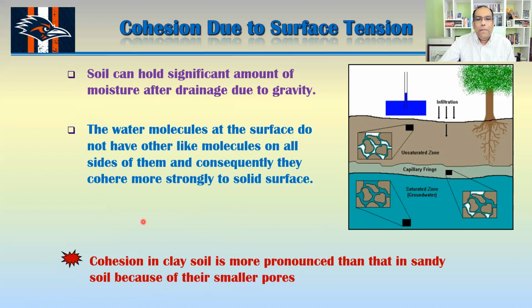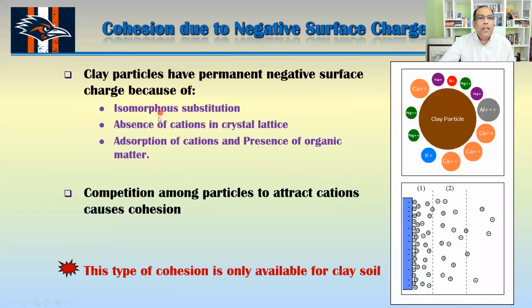Okay. Now there is another reason for cohesion, which is the negative surface charge. So clay particles have a negative surface charge, right? That's what you learned earlier. Now, why do they have that negative surface charge?